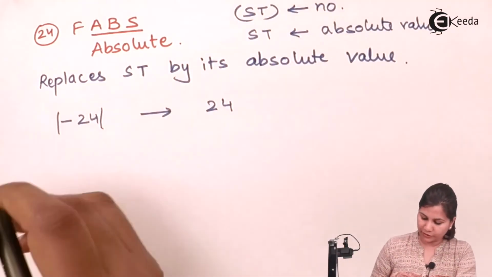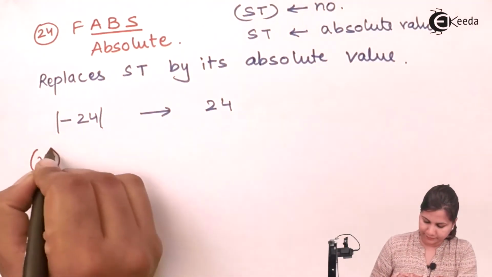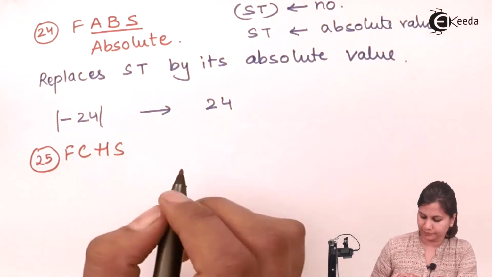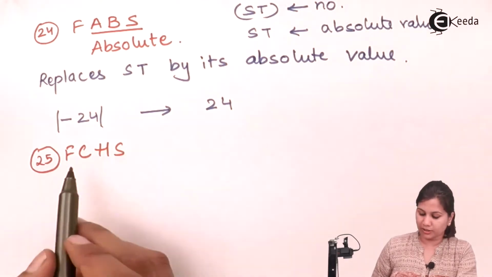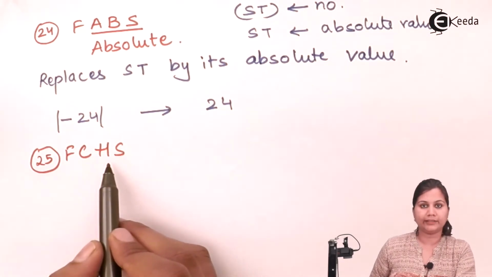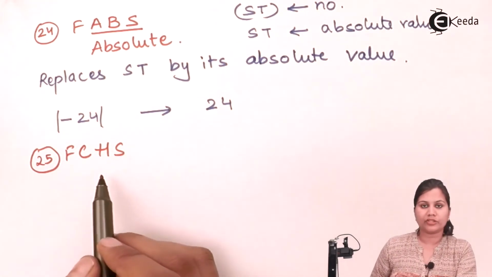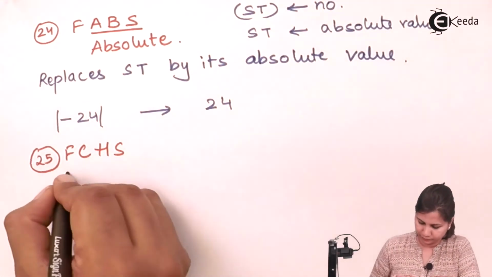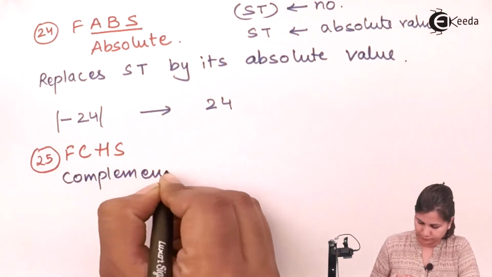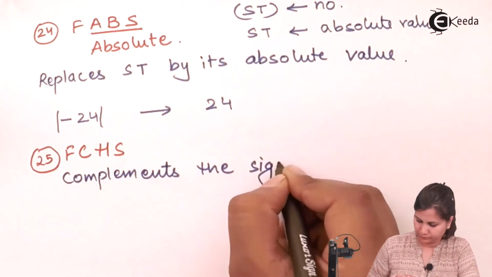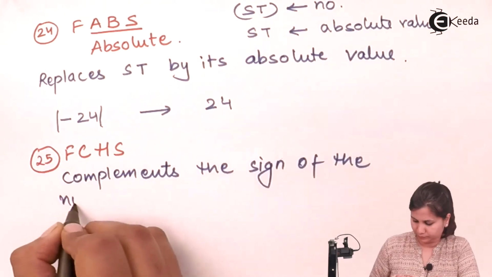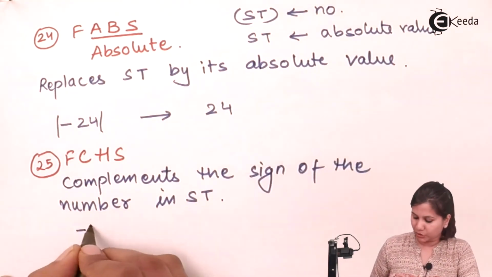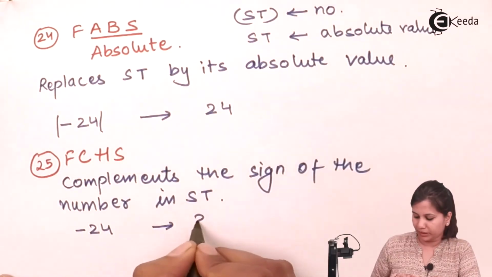Now the next instruction is FCHS. This instruction complements the sign of the number which is there in the ST. So suppose that minus 24 is there, it is going to make it 24.